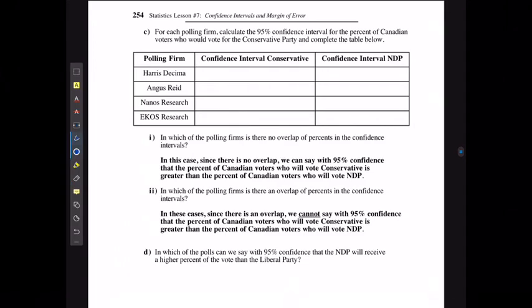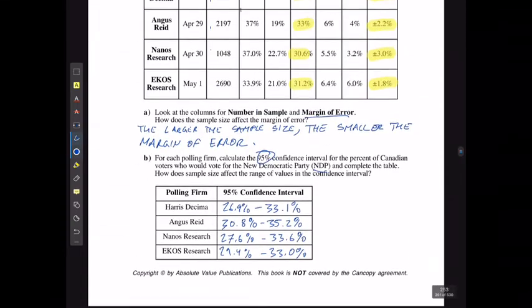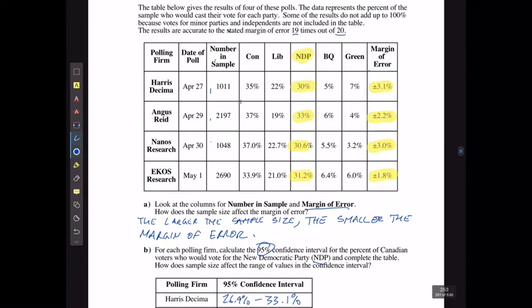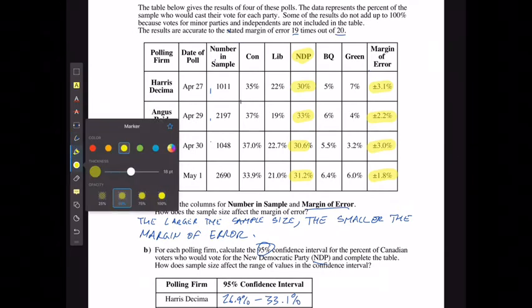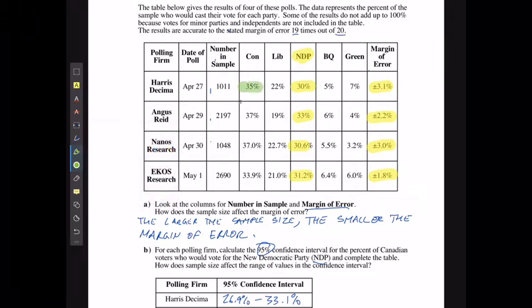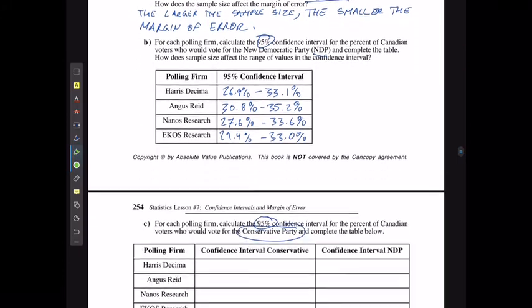If I am looking at the polling firm to calculate the 95% confidence interval for the percent of Canadian voters who would vote for the Conservative Party, then I would do the same thing that I did in the last case. I'm just going to look at the Conservatives and take my Conservative number along with the plus or minus to figure out what the interval would be.